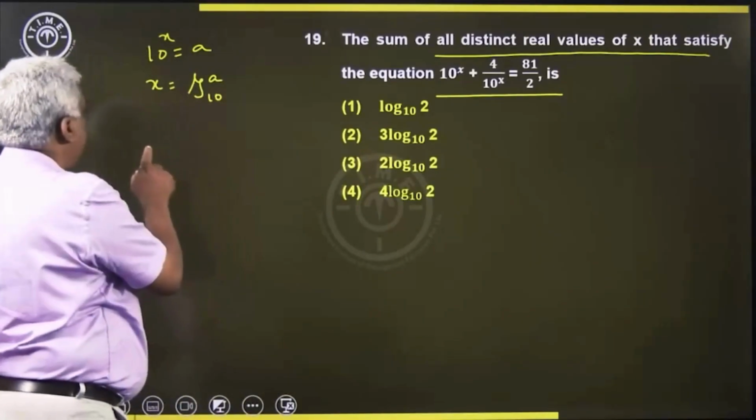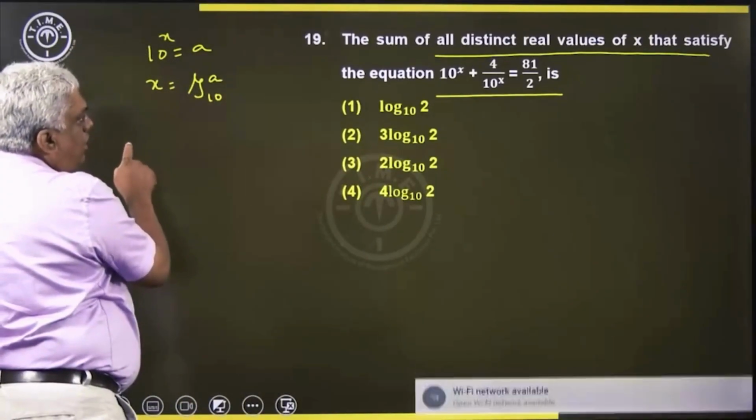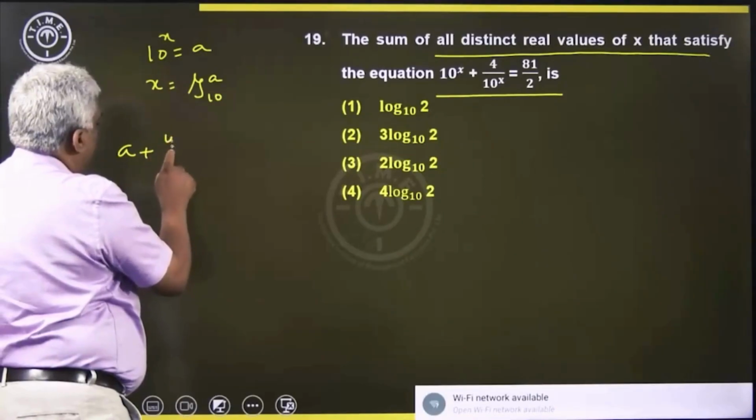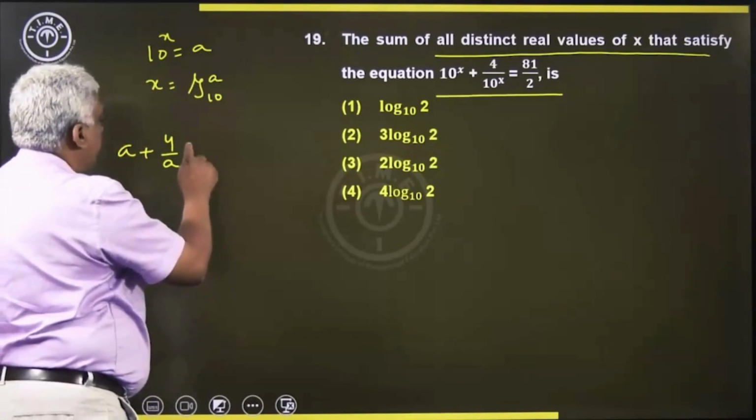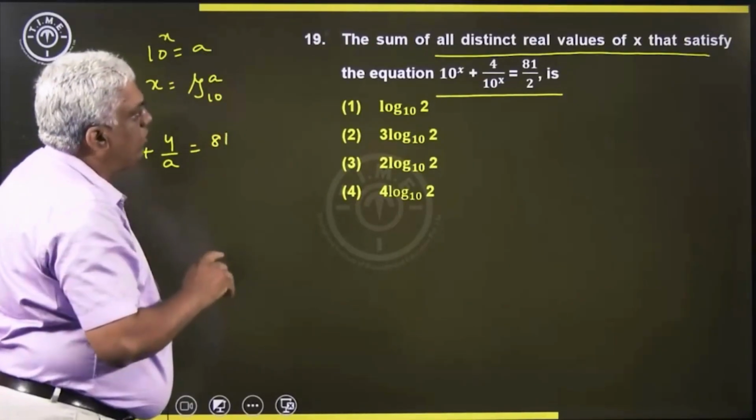So, our equation will be a plus 4 by a equals 81 by 2.